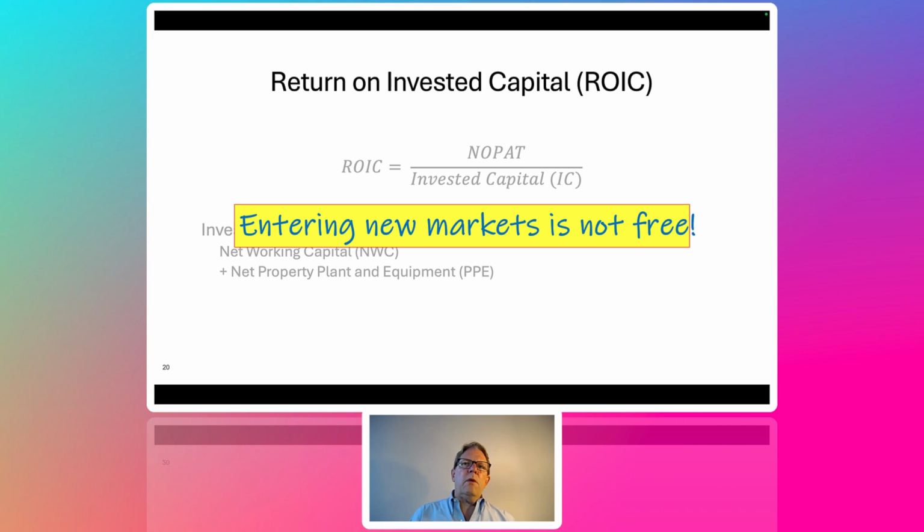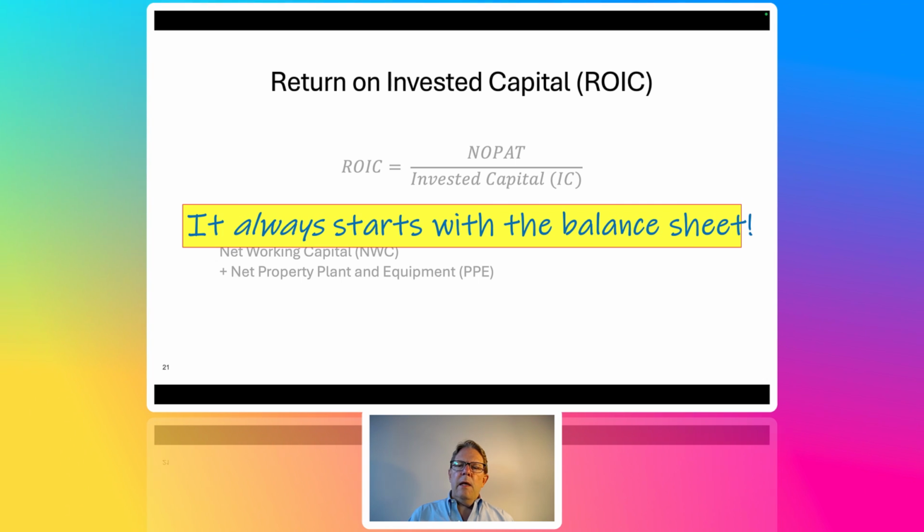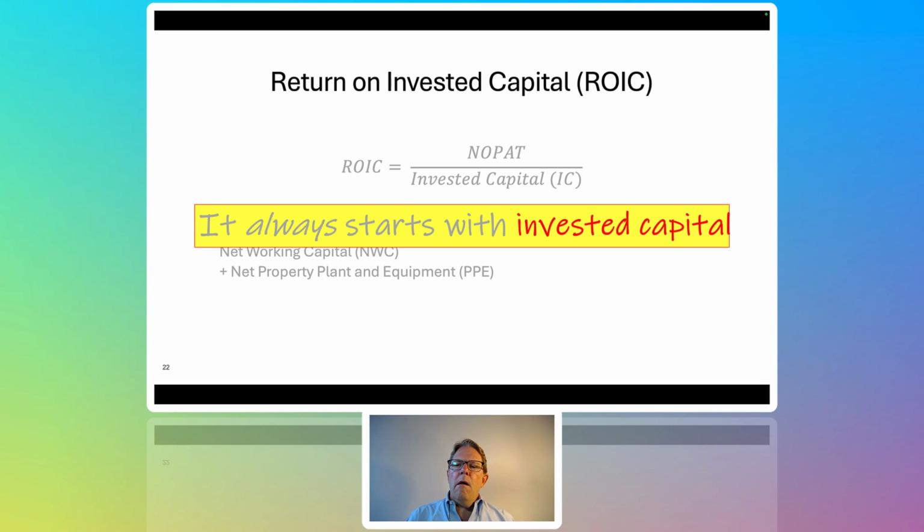And then I'm going to walk through a couple of use cases to make that point in the next couple of videos, right? So entering a new market always starts with the balance sheet. We tend to think of income statements. We tend to think about cash flow. We value cash flow, but entering a new business always starts with a balance sheet. They have to invest before they can enter the market. All right, and invested capital obviously becomes a critical component. How much do I have to invest to enter that business?